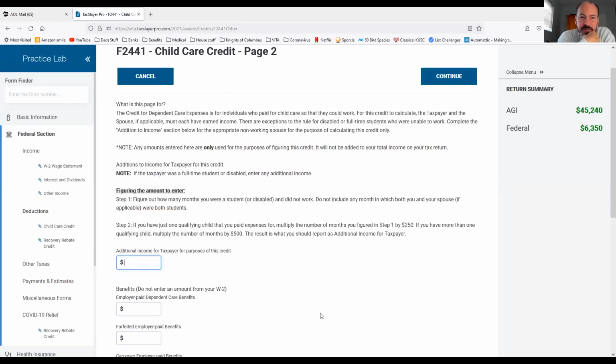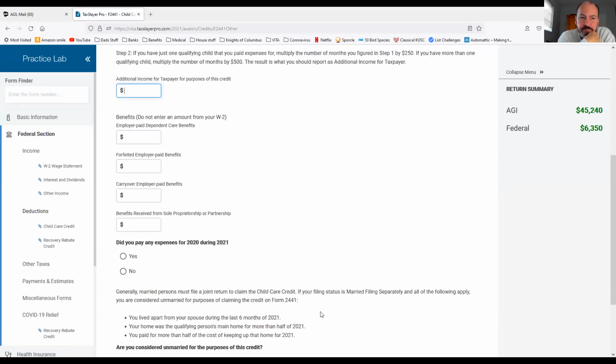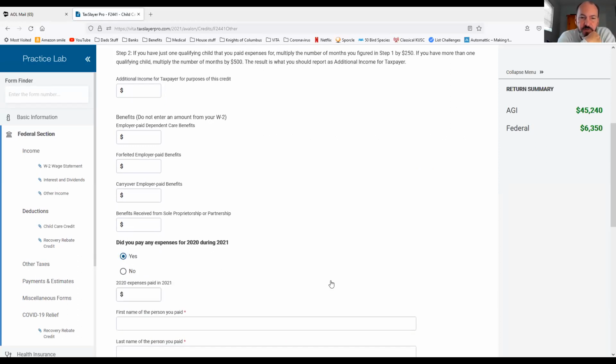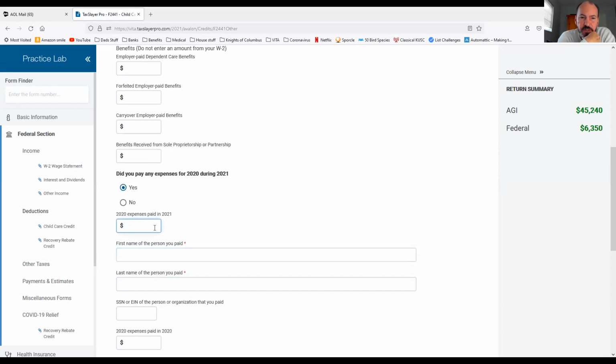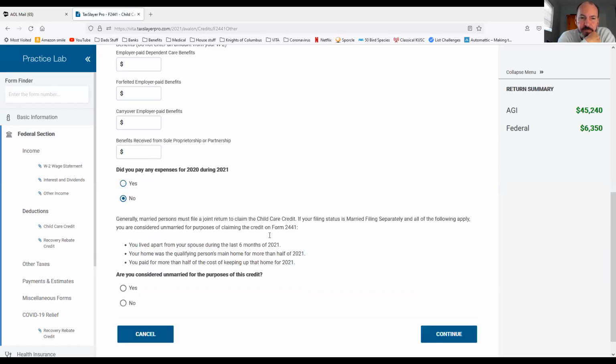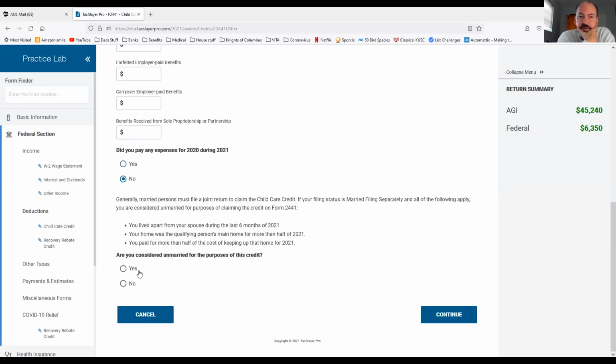There's no additional income. And at the very bottom, did you pay any expenses for 2020 during 2021? The answer is no. And are you considered unmarried? The answer is yes. And let's see if that does it.